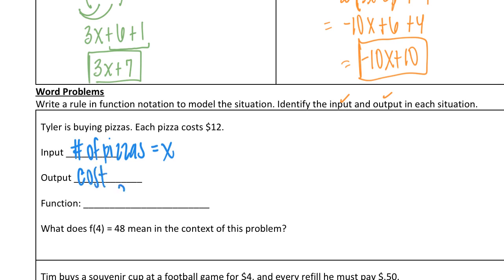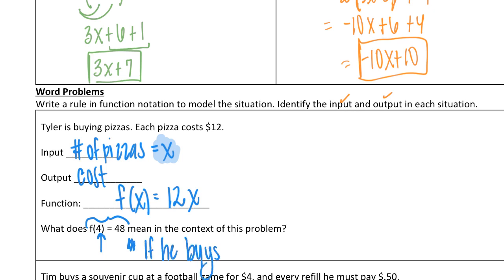The function that we'd write here would say that the function f of x is equal to $12 times the number of pizzas that he buys. So if we saw this, what is that telling us? Well, in the x's spot, we see 4. Remember that the x represents the number of pizzas. So if he buys 4 pizzas, what's that going to cost him?